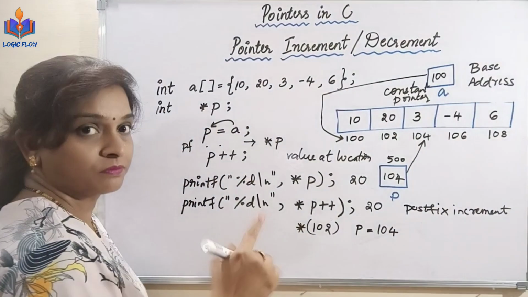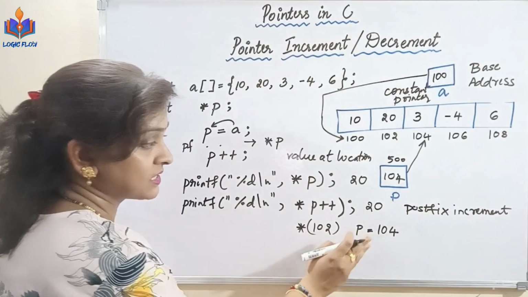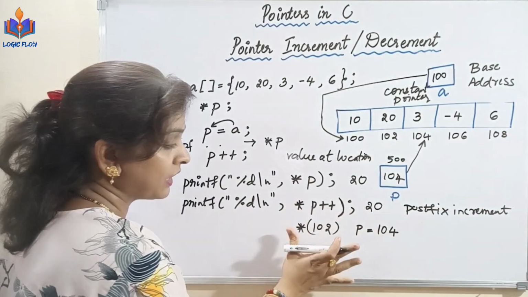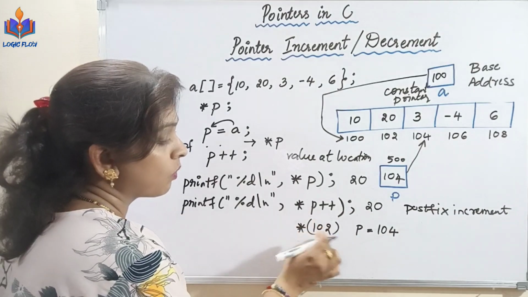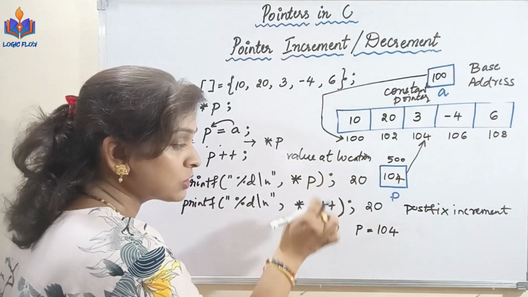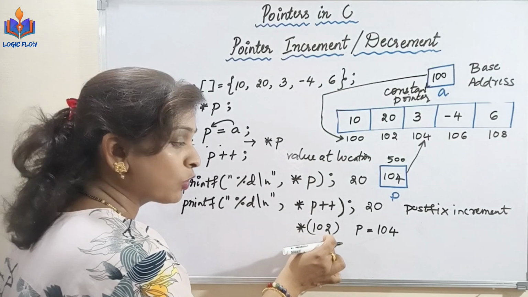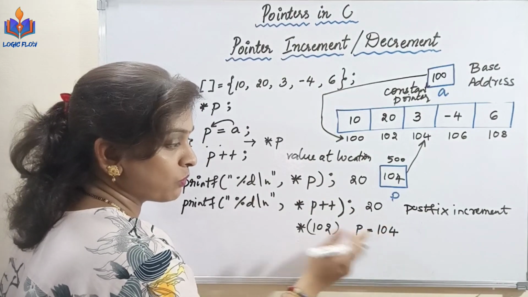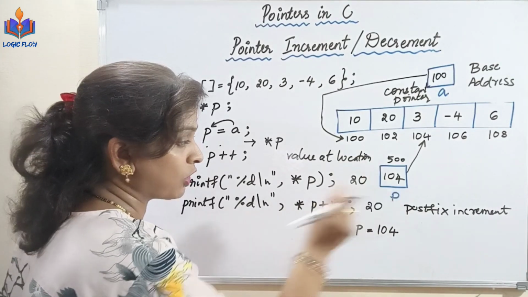Fine. Now after this, in this line it is going to print 20, right? So asterisk 102. What was the P value? It was 102. The value at 102 was 20. It is going to print that. Later the P value will be advanced, so P becomes 104.